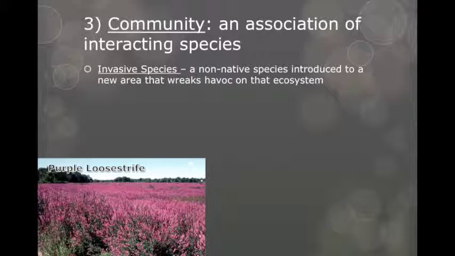So you can have a nice diverse wetland habitat with lots of different plants and fungi and bacteria and animals that live in that wetland. And when purple loosestrife gets introduced as an invasive species, it takes over that area and decreases diversity and decreases the organisms that can use that habitat.